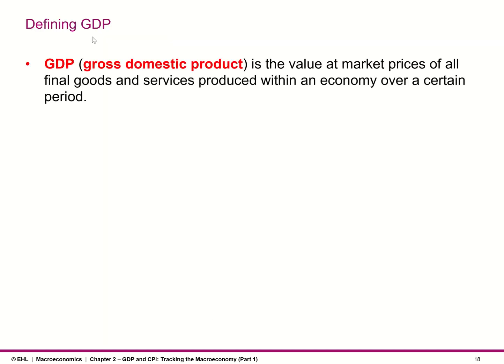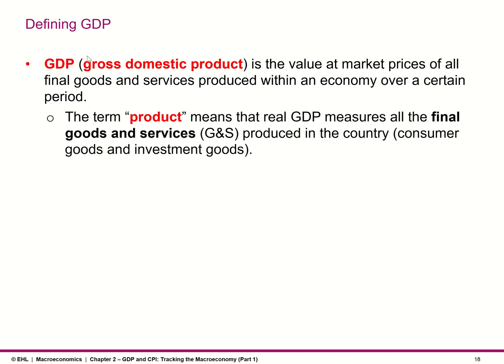Very shortly, let us look at the definition of GDP, each of these letters. So P stands for product, which means that real GDP measures all the final goods and services produced in a country. So it has to do with the products that are produced.